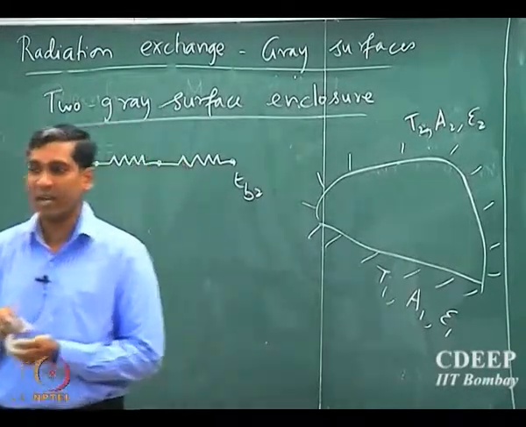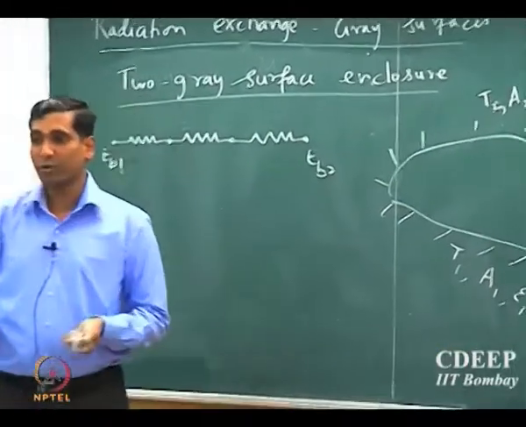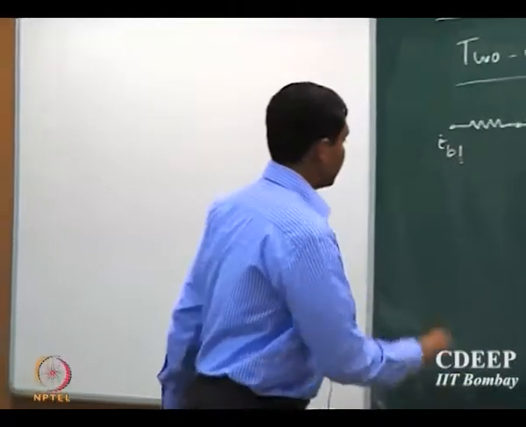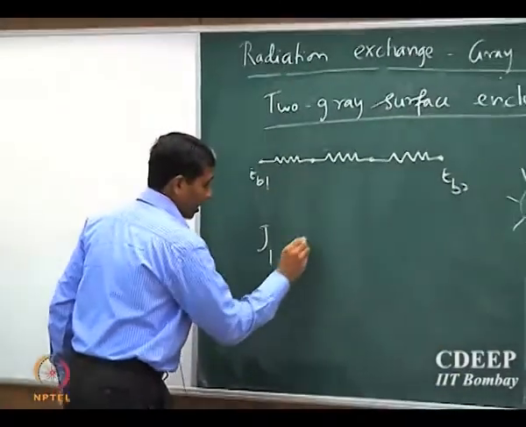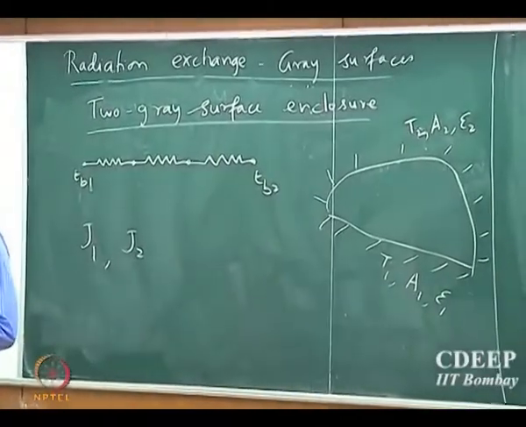Suppose I maintain it at the same temperature, okay, the whole surface is maintained at the same isothermal temperature. So, what will be the radiation exchange? This is total quantity, right? We are looking at J1 and J2.